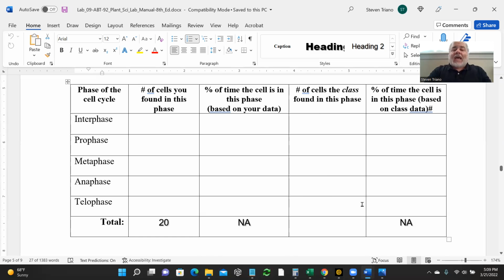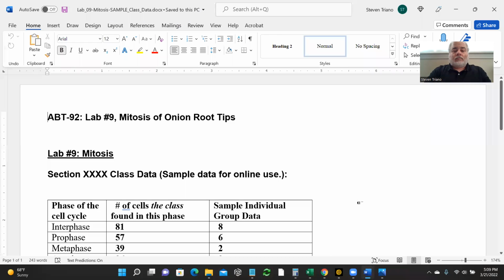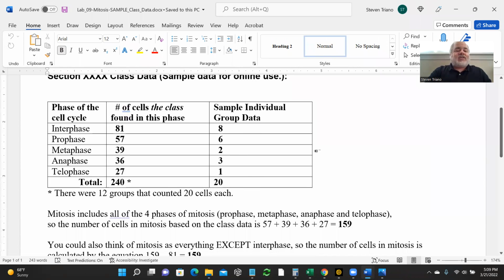So let's look at an example of class data. So this is just made up. Well, actually, the class data is not made up. The class data was from another class a couple of years ago, but here's some made up sample group data.